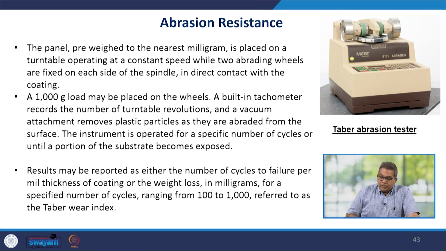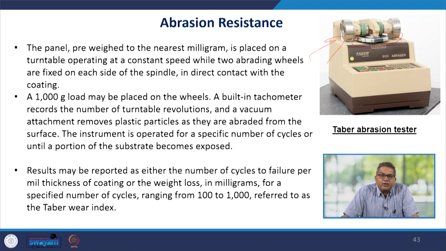The panel, usually pre-weighed to the nearest milligram, is placed on the turntable operating at a constant speed, while two abrading wheels are fixed on each side of the spindle in direct contact with the coating. Roughly 1000 grams of load may be placed on the wheels, and a built-in tachometer records the number of turntable revolutions.